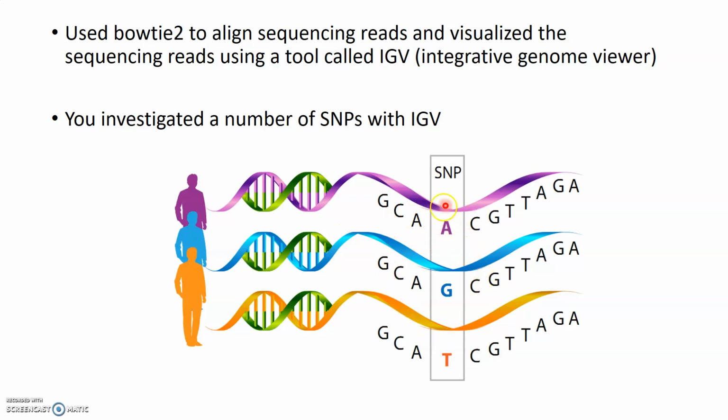We have one individual with an A at that particular position in the genome, another individual with a G, and the third individual with a T. So this is a SNP at that particular position with an A, G, and T nucleotide. SNPs normally occur throughout a person's genome and DNA. They occur almost once in every 1,000 nucleotides on average, which means that an individual probably has 4 to 5 million of these when you align your genomic sequence to the reference.